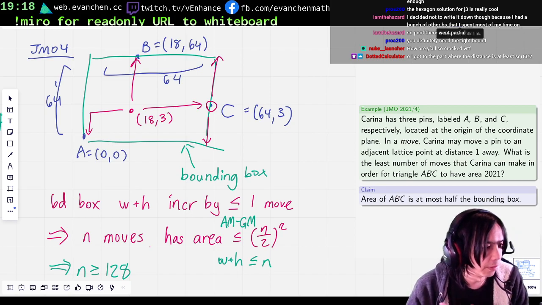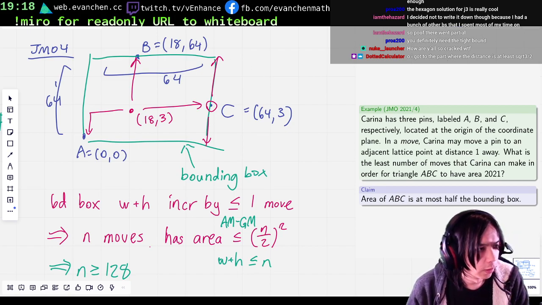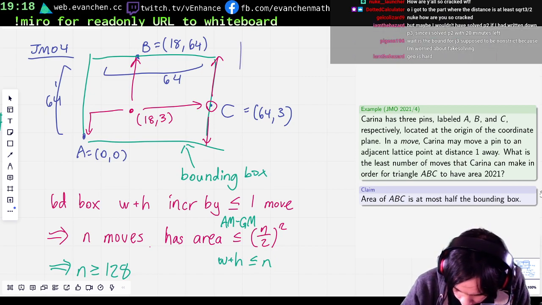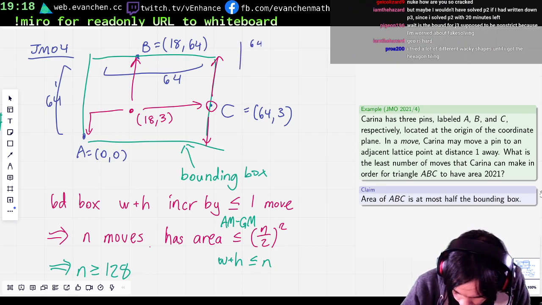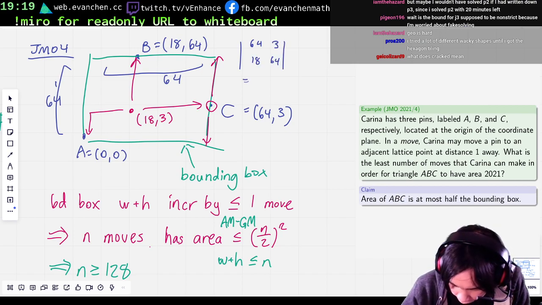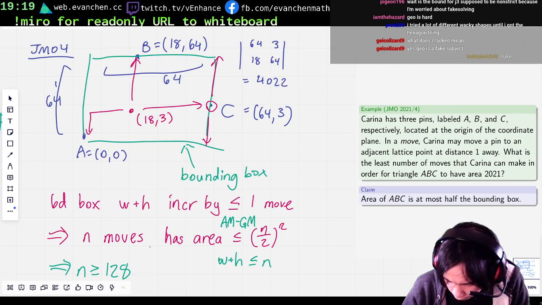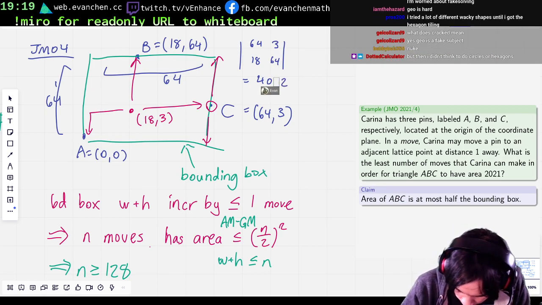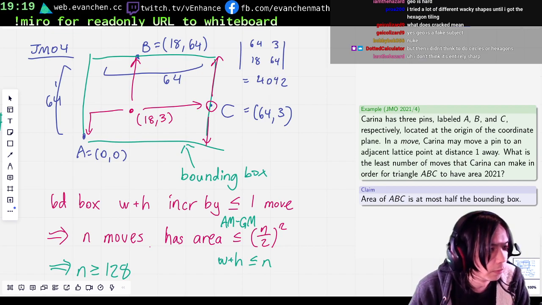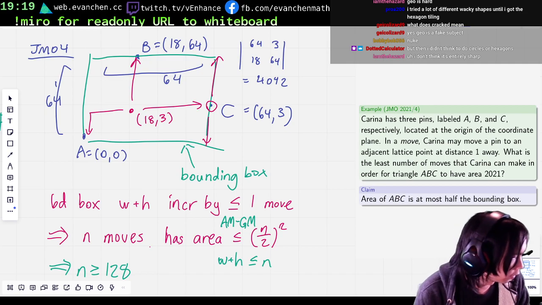So this will indeed give you exactly 128 moves. On the other hand, the area that you get here by shoelace, using 64, 3, 18, 64, I've rigged these constants so that this gives you exactly 4042. Okay, so that should work fine. That's a construction.